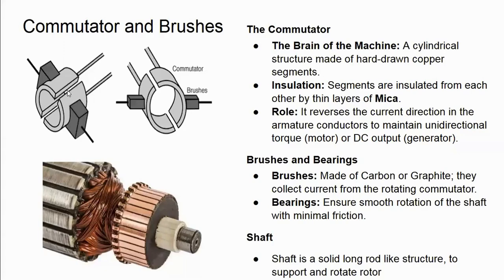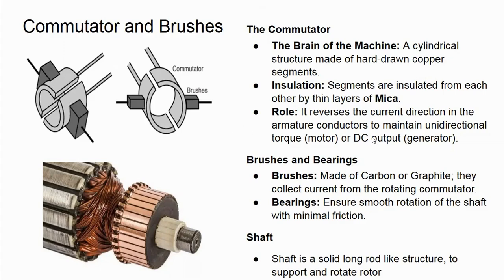The role of the commutator segments is that it reverses the current direction, and in case of generator, it will act as a mechanical rectifier that converts the AC voltage induced within the armature to unidirectional DC voltage as the output.